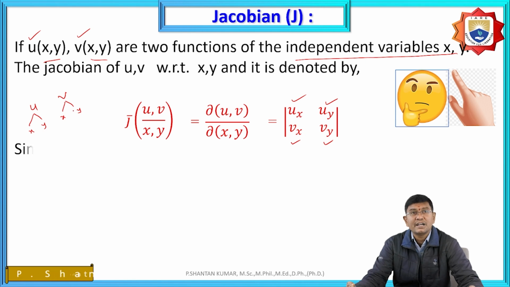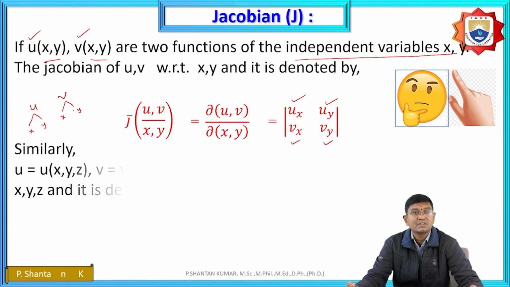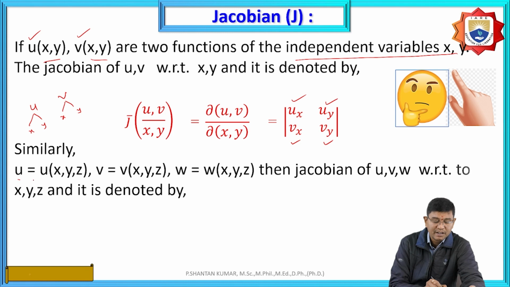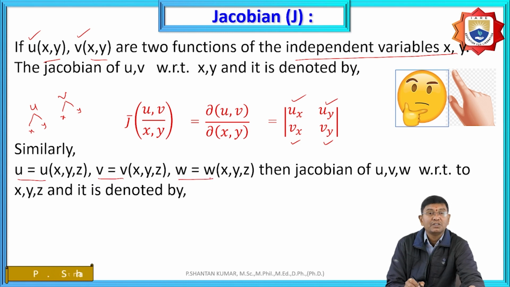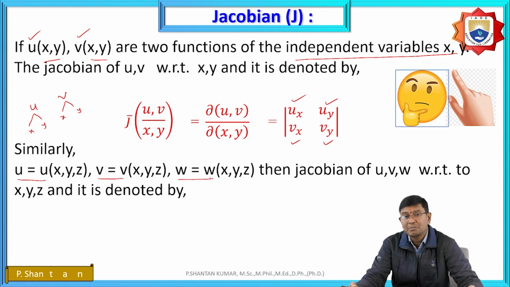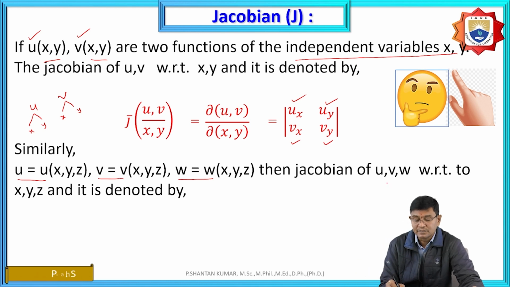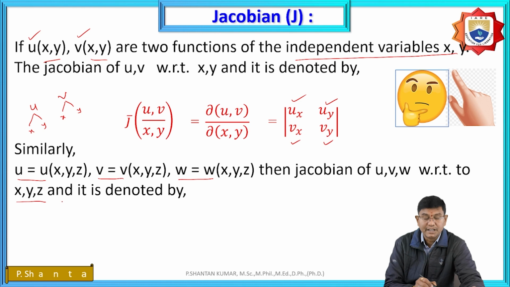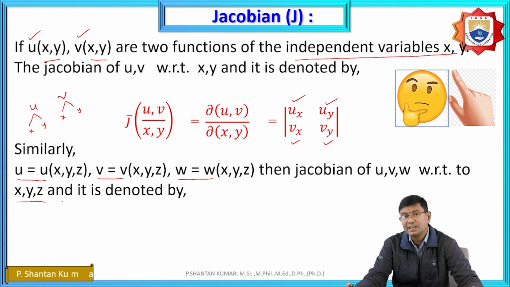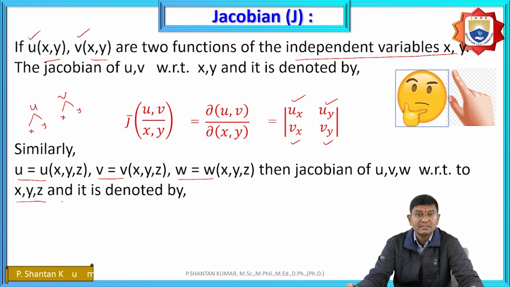Similarly, for three variables, u, v and w are functions, and the dependent variables are u, v, w and the independent variables are x, y, z. Here it is clearly a 3 by 3 case.